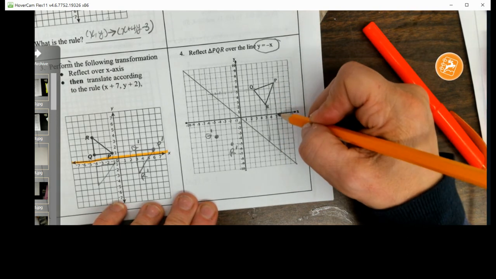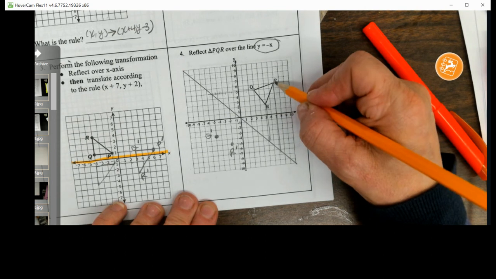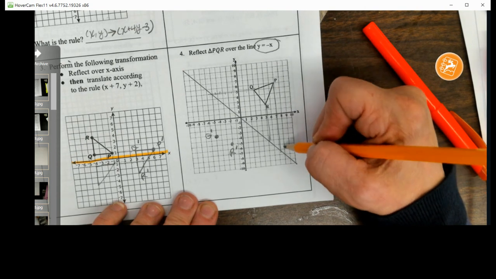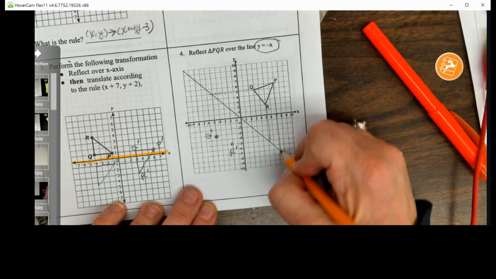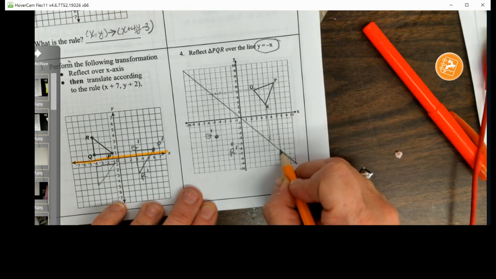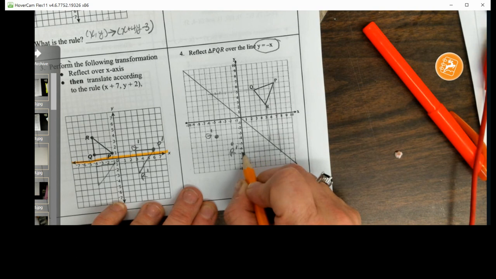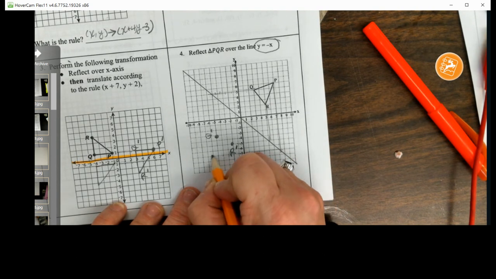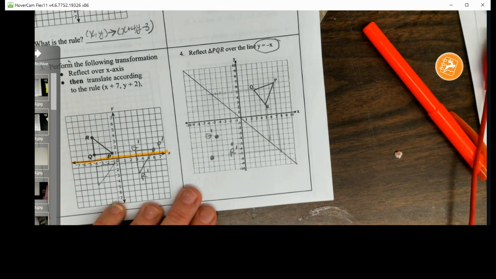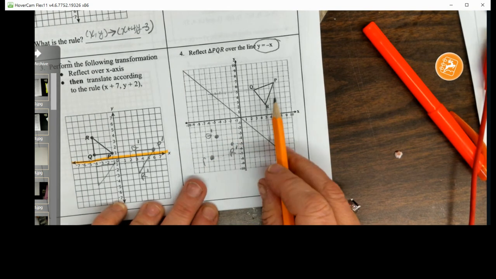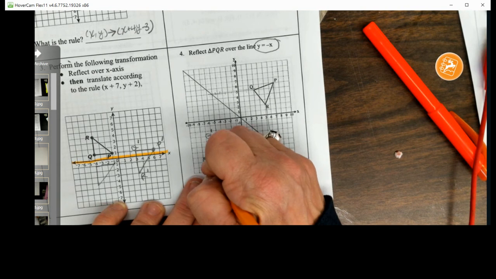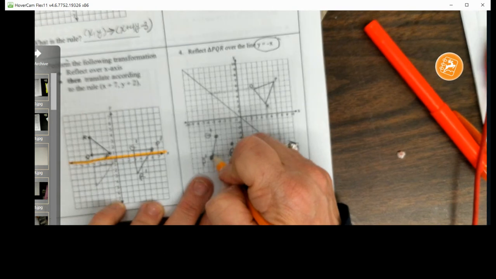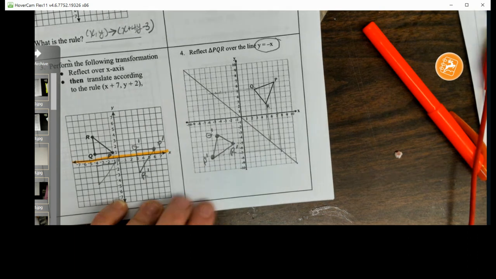And this is 13. And now I want to count 13 this way. So this is 7, 8, 9, 10, 11, 12, 13. Okay, and this is R prime, Q prime, this is P prime. Okay, and now I have my reflection.